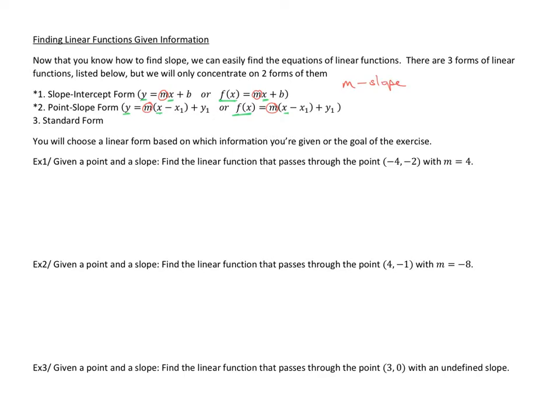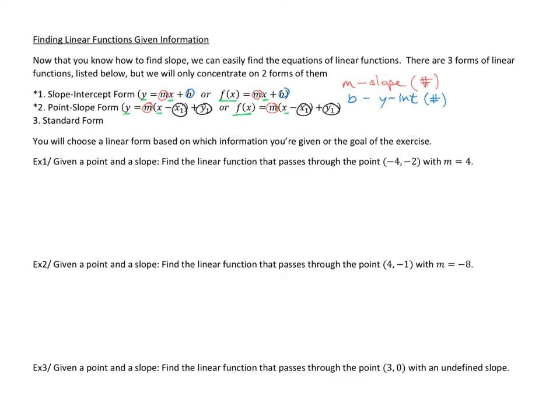That will be written as a number. The b we call the y-intercept, or the y-int, short for intercept. That will also be a number. And then the last thing that will also change, or you will substitute numbers in for, are this x1, y1.